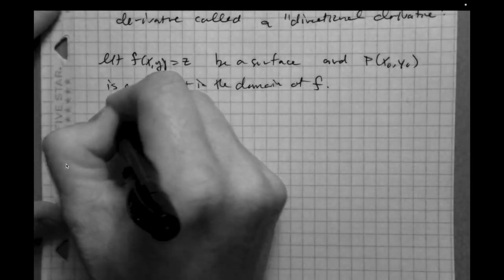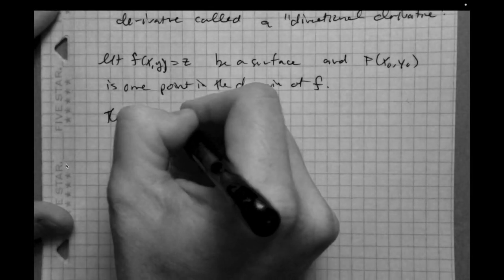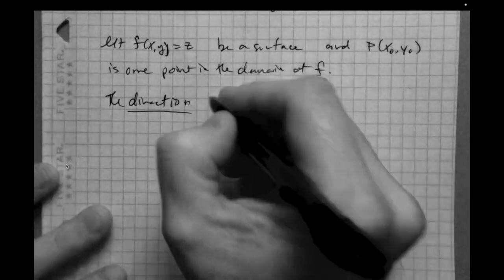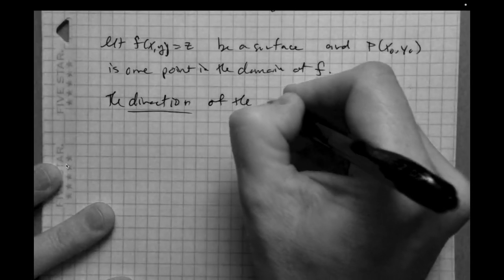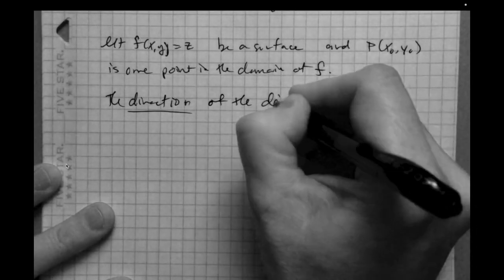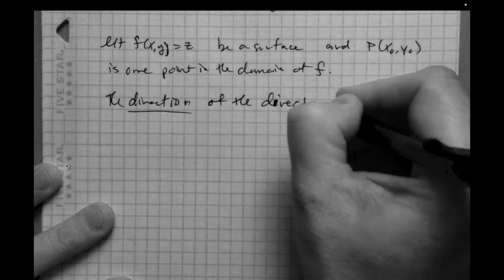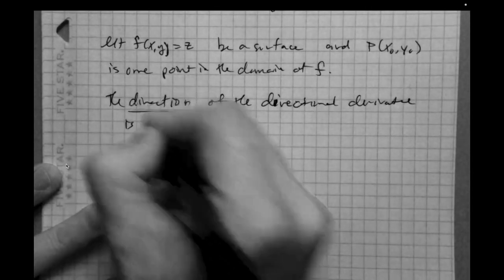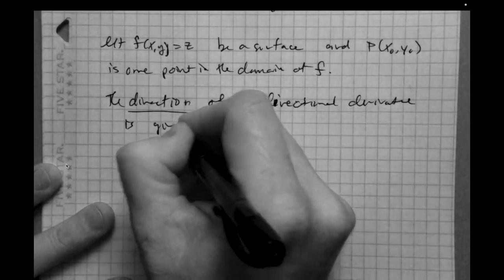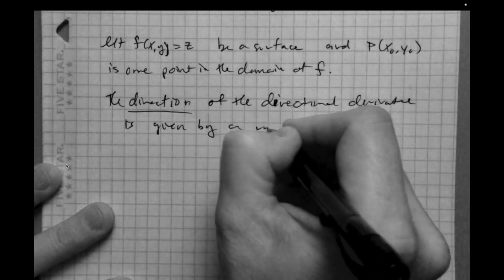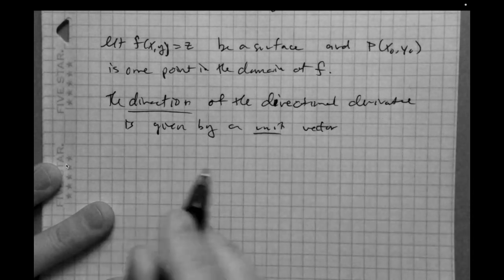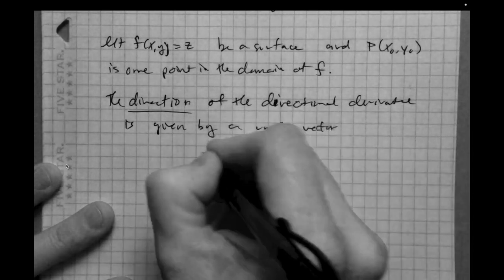The direction is a key concept here of the directional derivative, of course. The direction of the directional derivative is given by a unit vector, very important. Here's how we'll denote it.